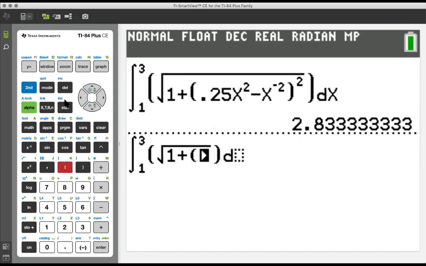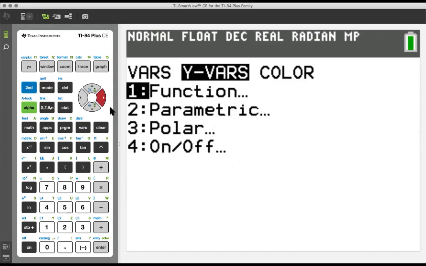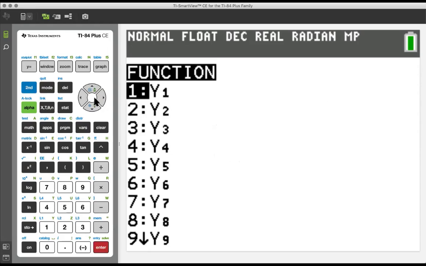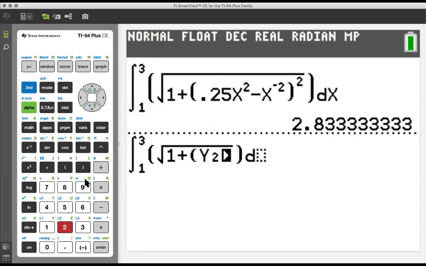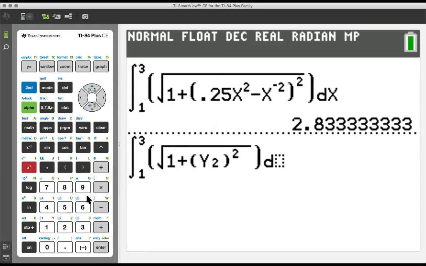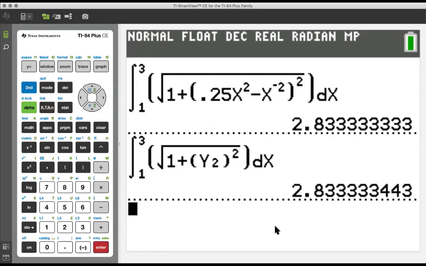So you can simply do vars and bring up y2, square that, so it looks like that. And of course you get the same answer. So that's an option if it really is just a pure multiple choice question and you really don't want to run the risk of accidentally finding that derivative incorrectly. Let the calculator do all the work for you.